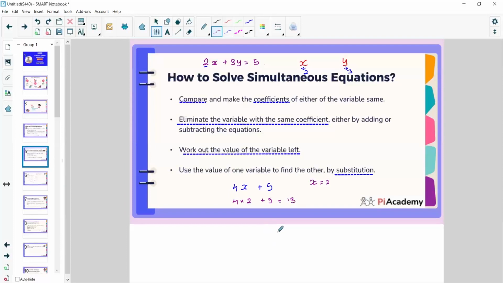So what I am doing is, I'm actually using the value of x as 2. Using the value of x in the equation or expression, this is known as substitution. Okay, so I'm just using the value and putting it into an expression or equation. That's what is substitution. So as my fourth step says, to use the value of one variable to find the other. That's what I'm going to do now.